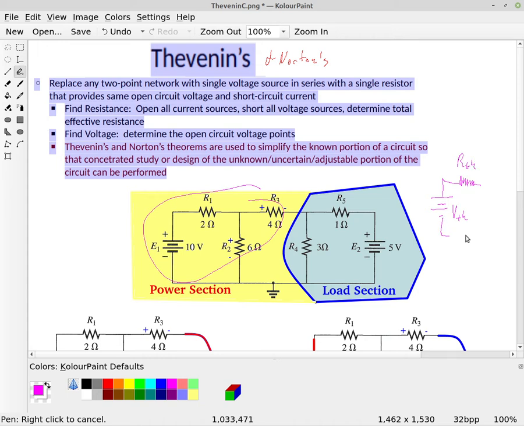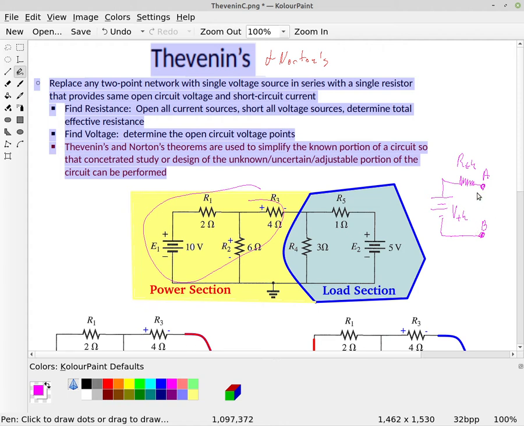And so we just have this nice simple circuit here with 2 points, call it A and B, and we want the open circuit voltage to be the same and the short circuit current to be the same.